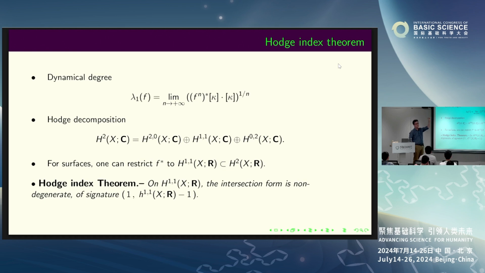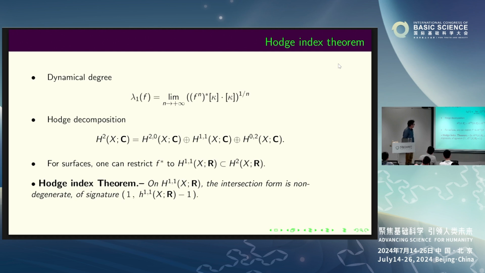So the number you compute is just the topological degree of the map, so it's the number of pre-images of a general point. But here I'm looking at automorphisms, so invertible maps. So the top dynamical degree, lambda 2, is just equal to 1. The topological degree is 1. So the only one which is interesting is lambda 1. And so the formula is this one.